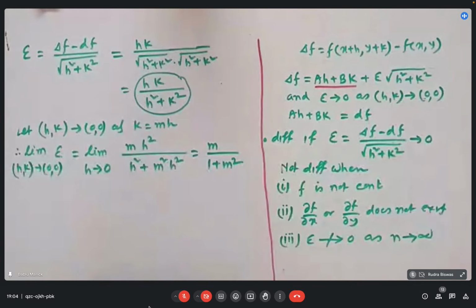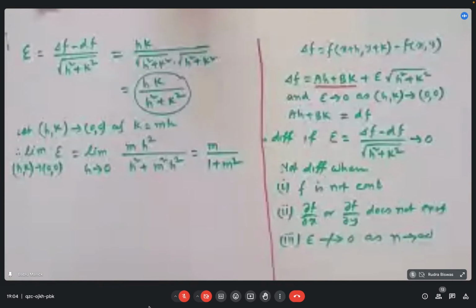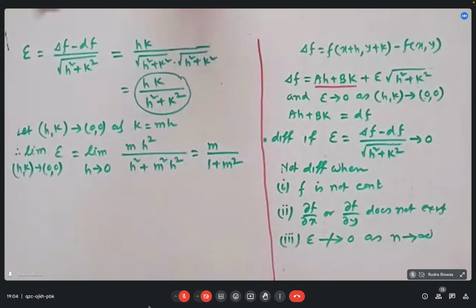Therefore, limit does not exist, and hence limit does not tend to 0, so we shall say that f is not differentiable at (0, 0).